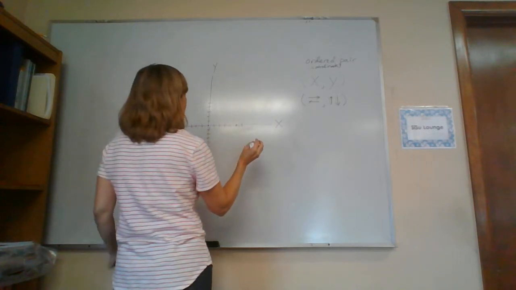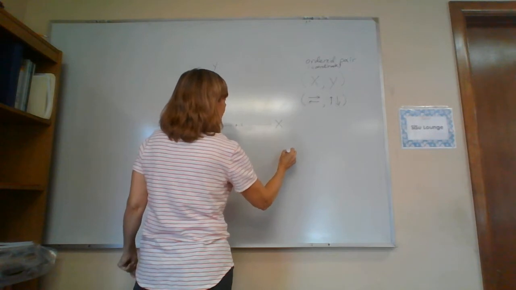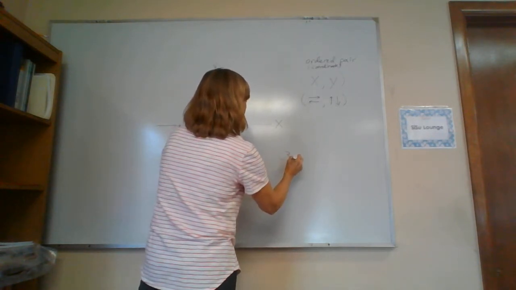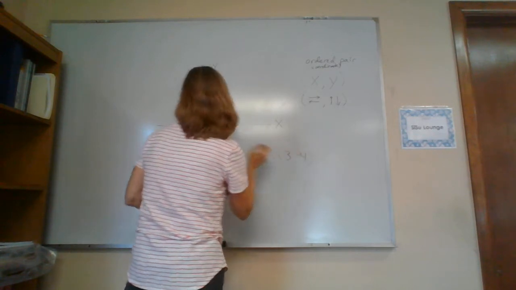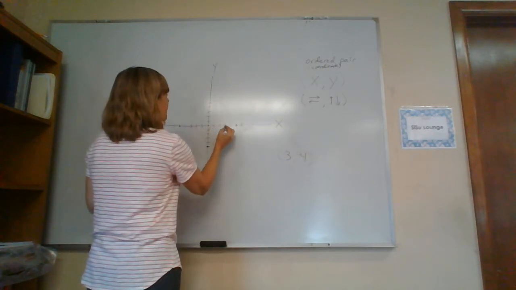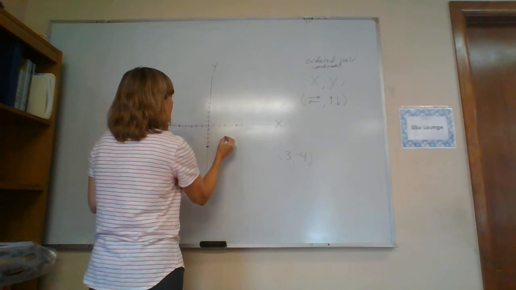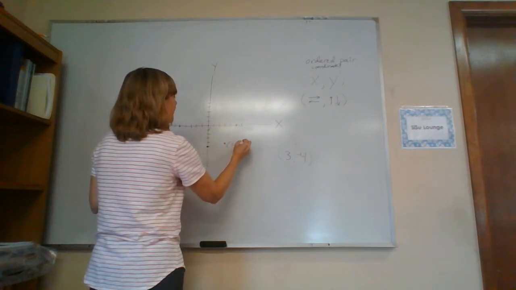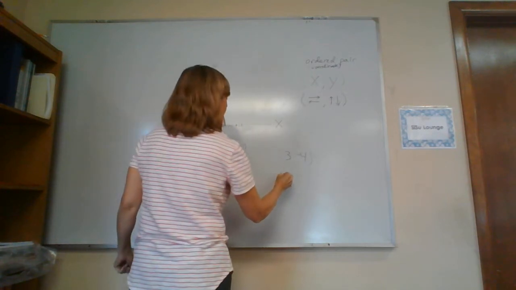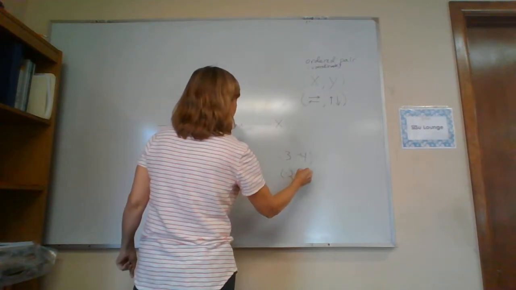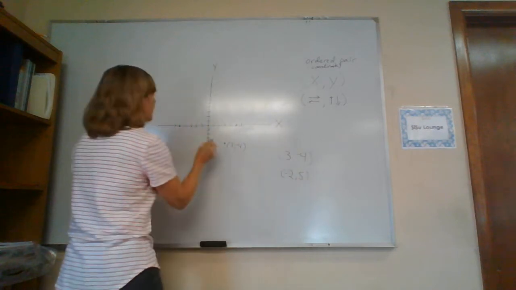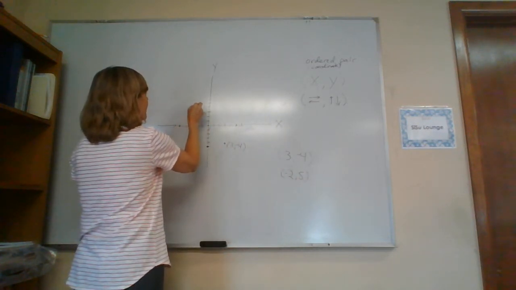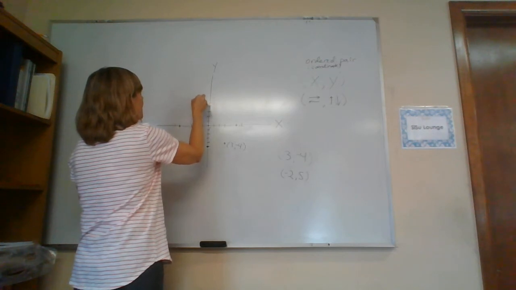All right, let's do 3, negative 4. 1, 2, 3, positive 3, 1, 2, 3, 4. There's the point, 3, negative 4. Let's do negative 2, 5. Negative 2, 1, 2, 3, 4, 5. Negative 2, positive 5.